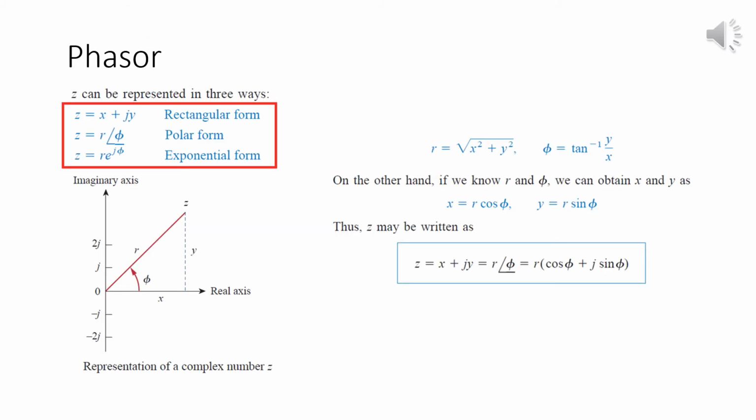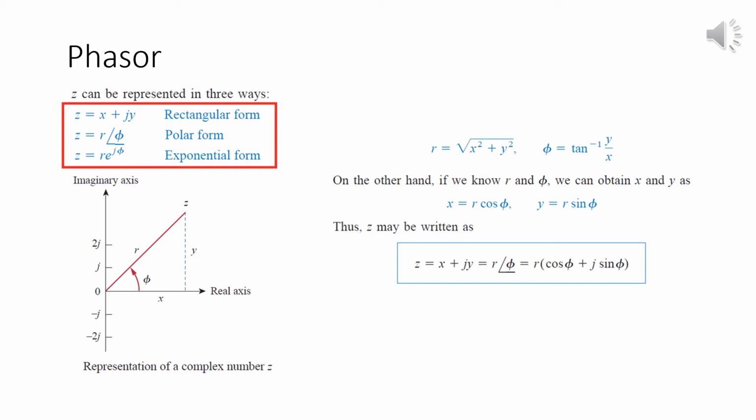Phasor. Z can be represented in three ways: rectangular form, polar form, or exponential form. Below, there is a graph that shows the complex number z and how to get the values in the diagram. R is equal to the square root of x squared plus y squared, and theta is equal to inverse tangent of y over x.